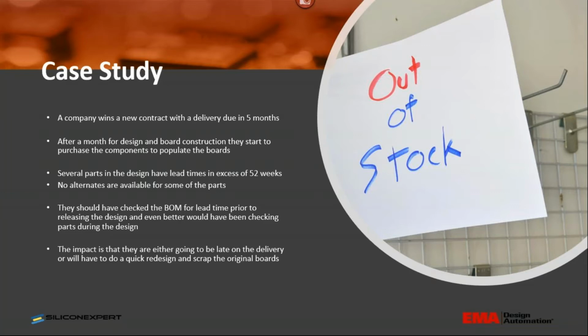And then after receiving the boards, it was time to start doing the purchasing so that they could start populating the boards. Procurement went out and started buying all the parts, and found out pretty quickly that there was a problem with several of the parts, and they had lead times of 52 weeks or more. And there was little to no stock available at any suppliers.